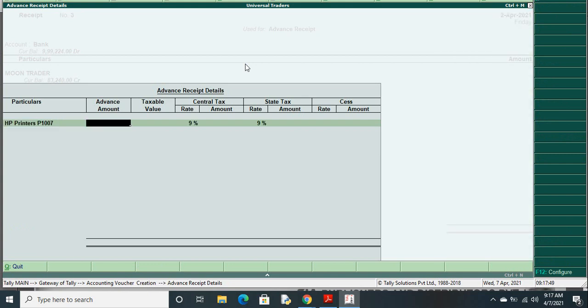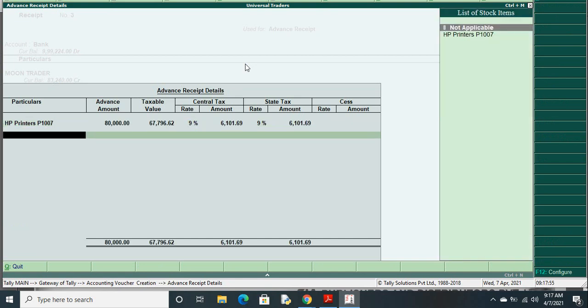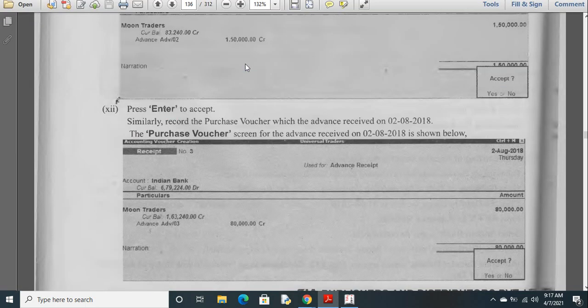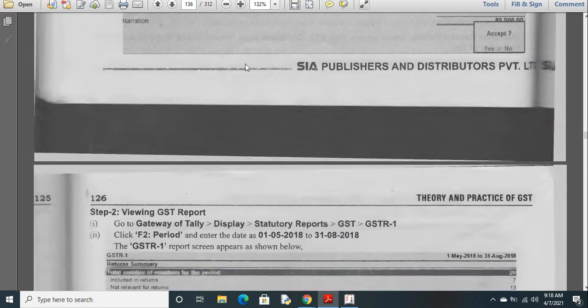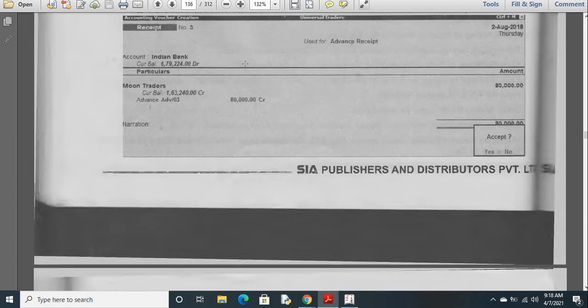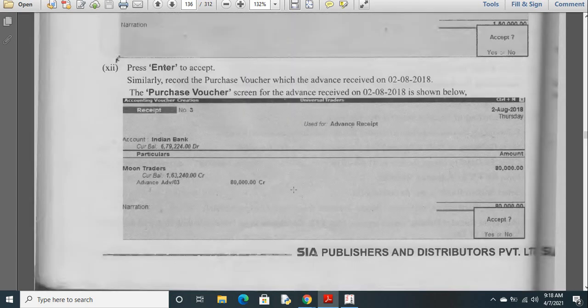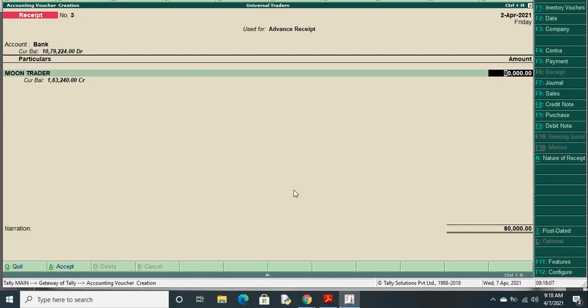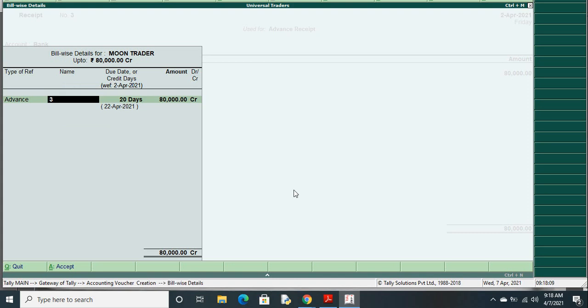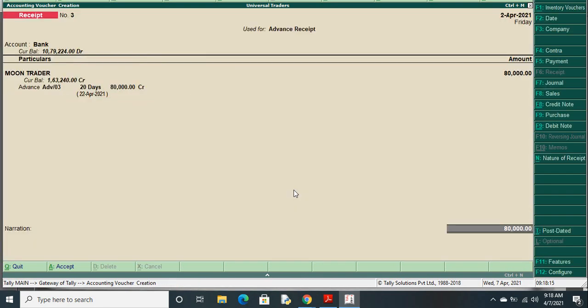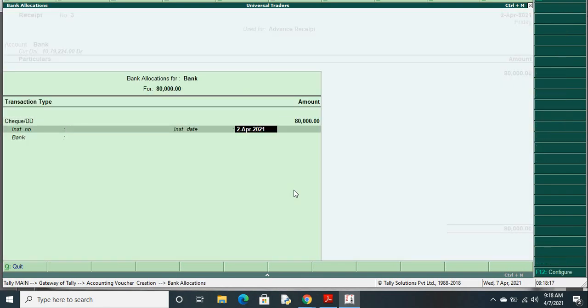Here we have received 80,000. The amount will look like this. This is advance by 03, so I received the second advance.